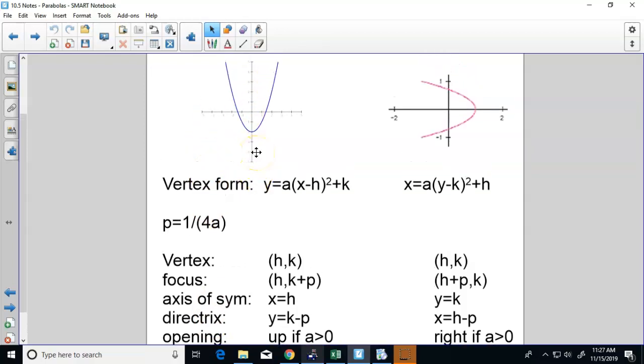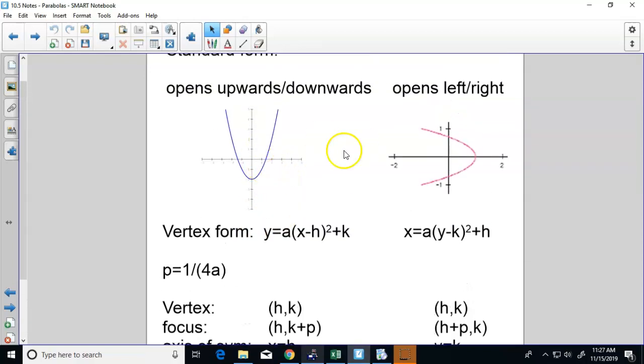If we look at this, here, the focus is going to be a point somewhere inside of the parabola here. It will be on the axis of symmetry. So this is the focus. And then the axis of symmetry is the line that goes down through the center.